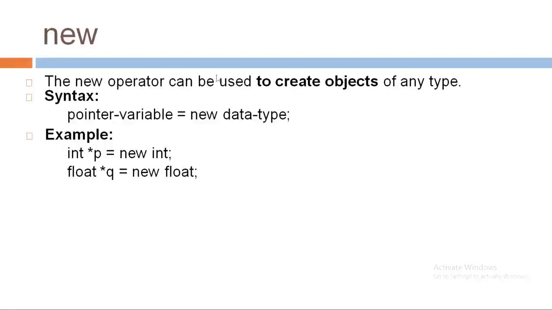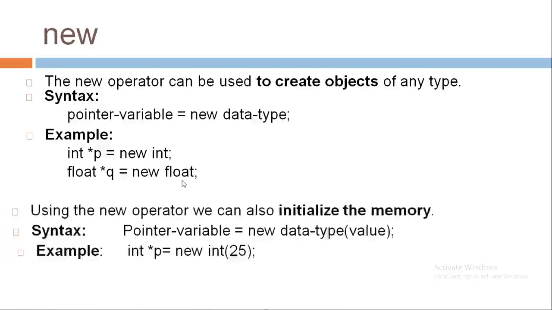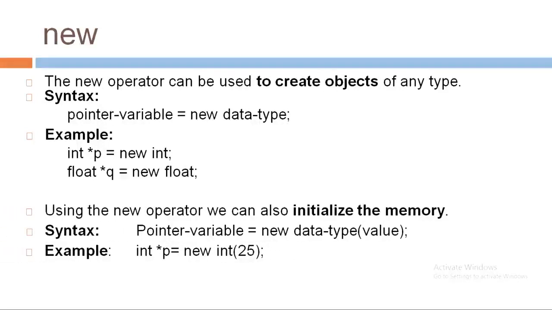new operator. In the second line, float star q is equal to new float will allocate memory to the pointer q of size float variable. We can also initialize the memory with using new operator, that is syntax is pointer variable equal to new data type value.